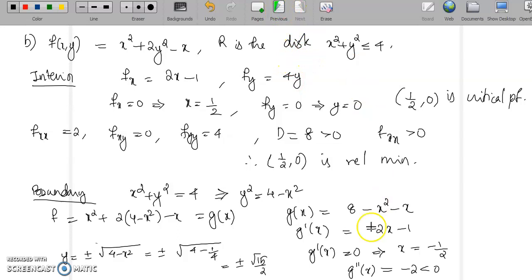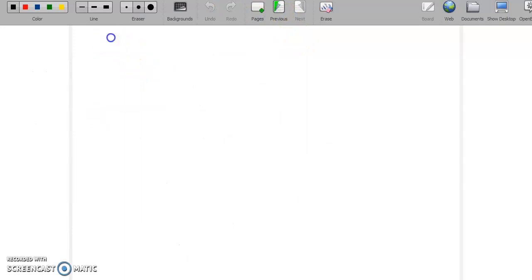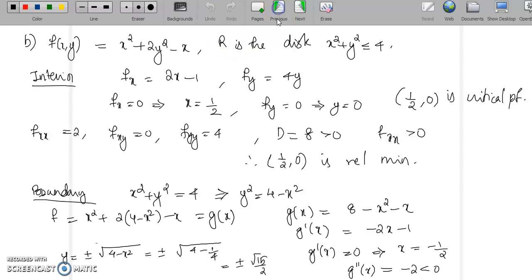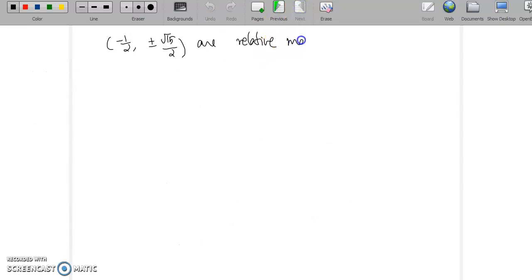So these points, where x equals minus 1 by 2 and y is plus or minus root 15 by 2, are relative maxima. And so those are our points.